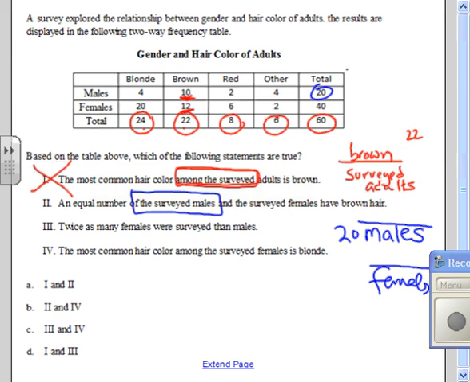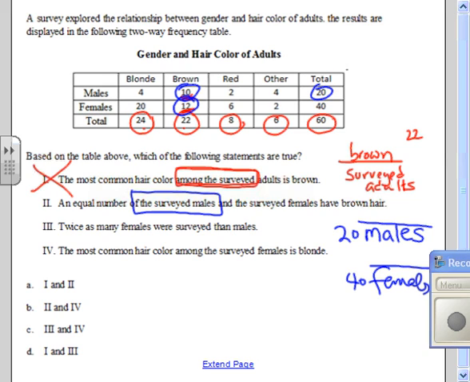Females, there are 40. But it doesn't really even ask that. It just says it wants number. Does an equal number of males and females have brown hair? Well, let's see. Females have, 12 females and 10 males have brown hair. So that is not correct.